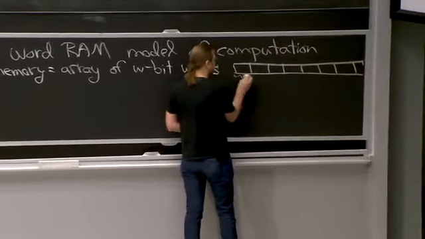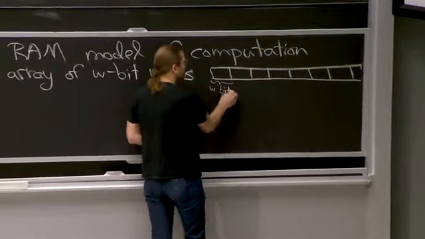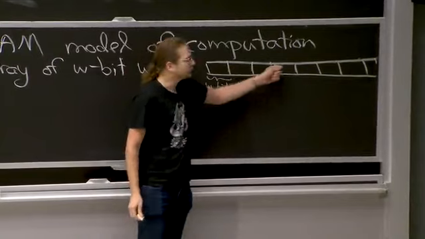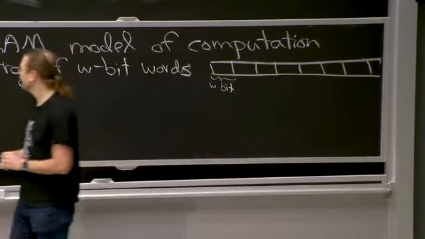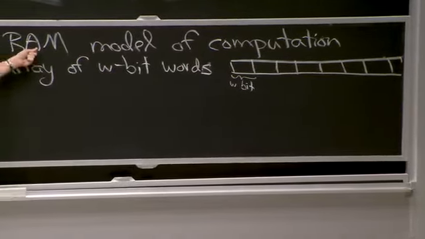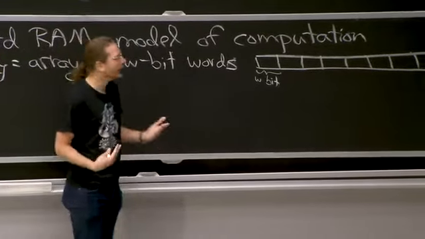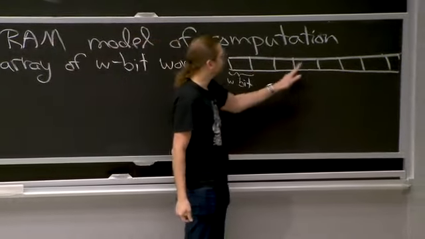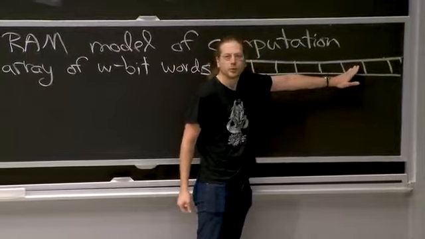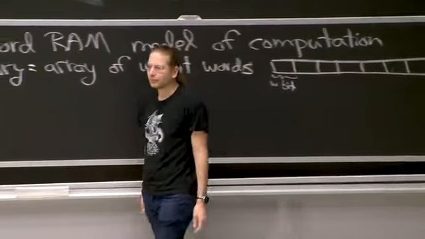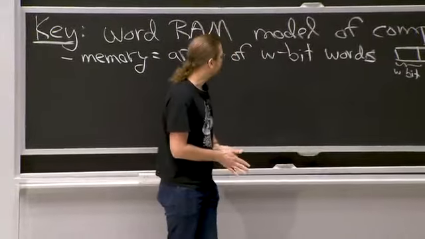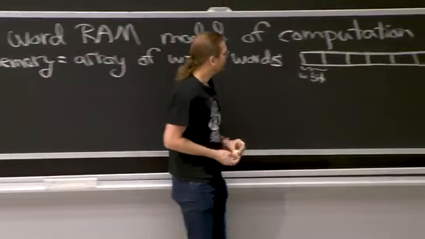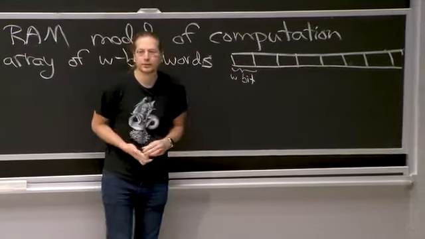Each word here is w bits long. This is word 0, word 1, word 2. And you can access this array randomly, random access memory. So I can give you the number 5 and get 0, 1, 2, 3, 4, 5, the fifth word in this RAM. That's how actual memories work. You can access any of them equally quickly.